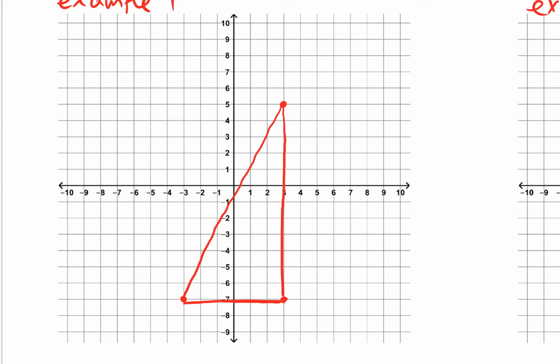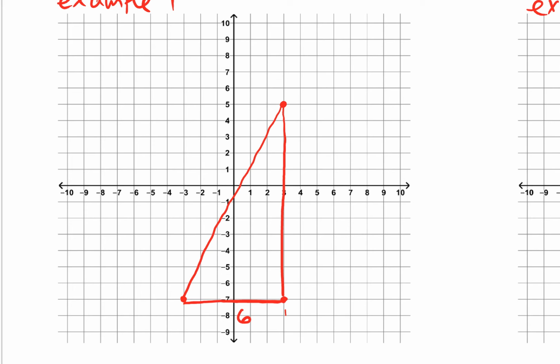So I guess probably the easiest thing to deal with first is the area of this triangle. I know the dimensions along the bottom. This is 1, 2, 3, 4, 5, 6 units long. And I can get that by taking, for example, the 3, the x value here, and subtracting -3. So 3 minus -3 is 6. That's 6 units long.